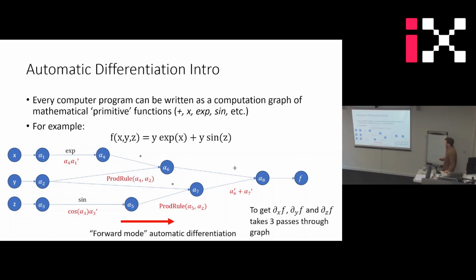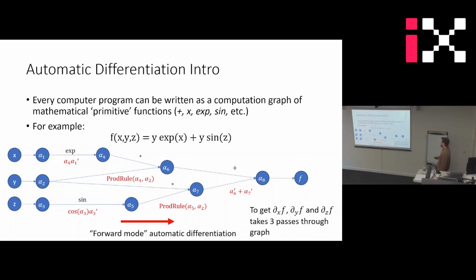Now, we could start from the beginning and look at the gradient with respect to each term here as we take a step forward. This is what's known as forward mode automatic differentiation. At each step, my gradient of alpha 4 just depends on the gradient of alpha 1 times alpha 4 because of the exponential. Similarly, for the sine, you get the cosine of alpha 3 times the gradient of alpha 3, and so on. This accumulates the gradients as you go forward.